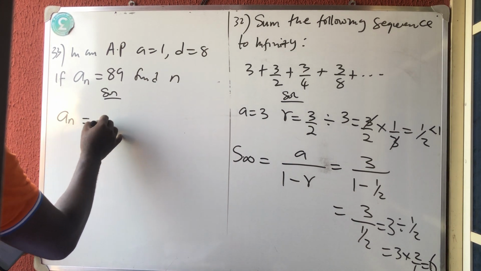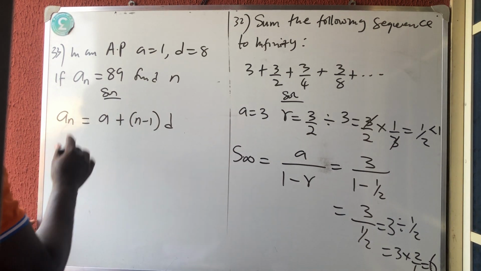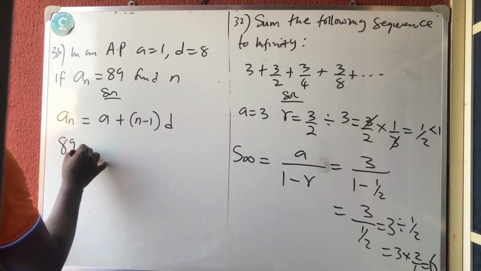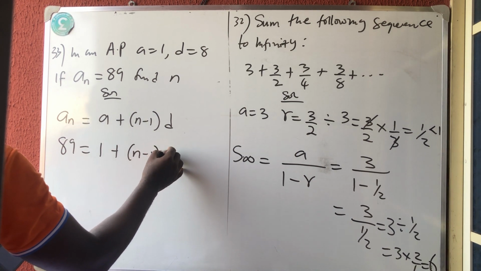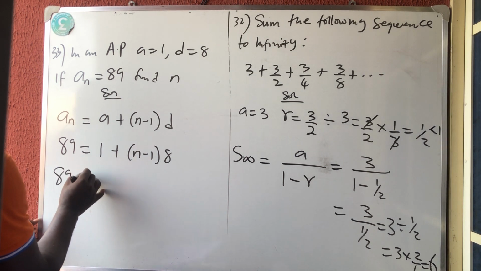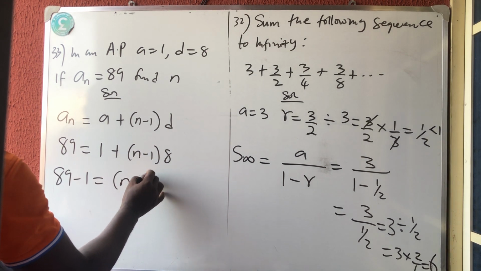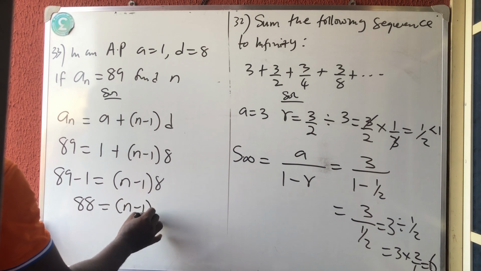The nth term of an arithmetic progression is A plus n minus 1 bracket D. Don't forget. So 89 is equal to my A is 1 plus n minus 1 bracket 8. Is it not? So this one can move here to have 89 minus 1 is equal to n minus 1 bracket 8. So 88 is equal to n minus 1 bracket 8.